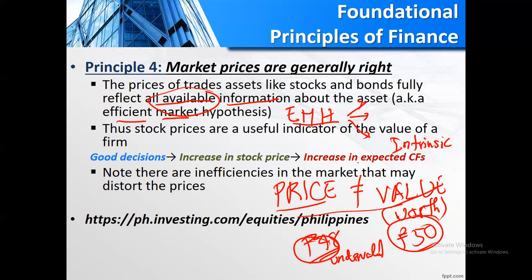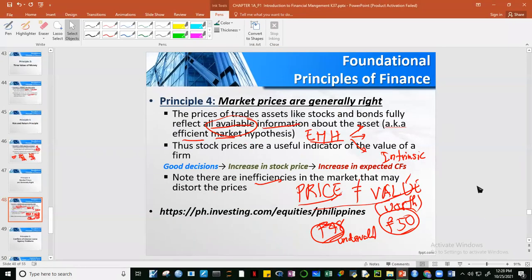And usually, in a very efficient market, the price and the value are very close to each other. But sometimes, because of anomalies, they can be different. Okay, so if there's an inefficiency, then there might be distortion in the value. And if there are inefficiencies, then that can be grounds for investors not to trade in that market.